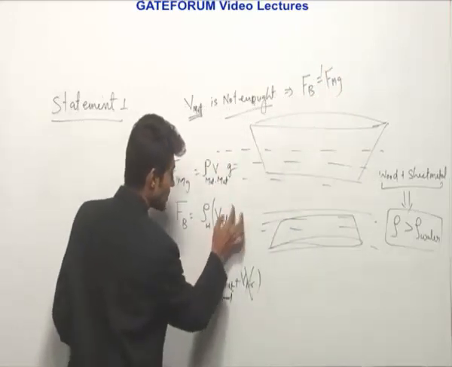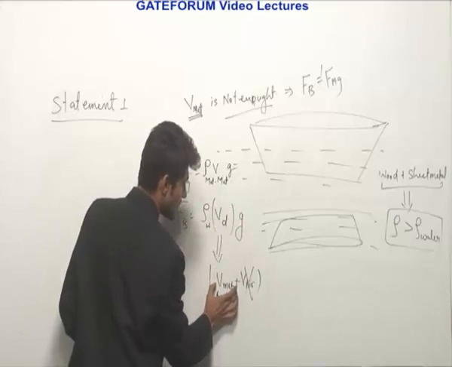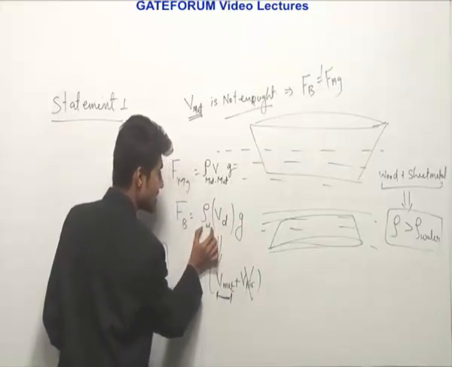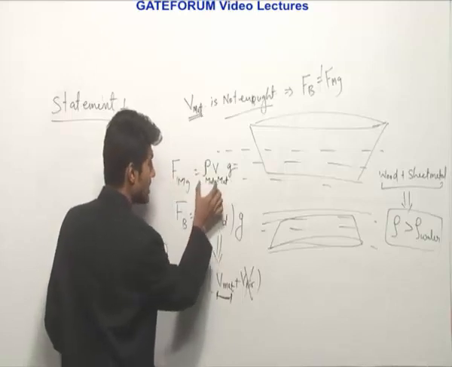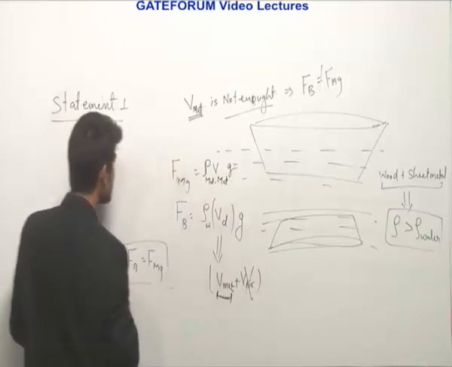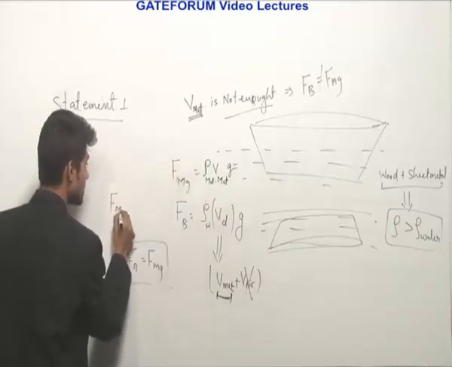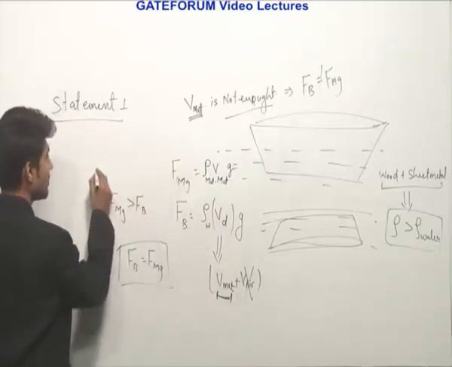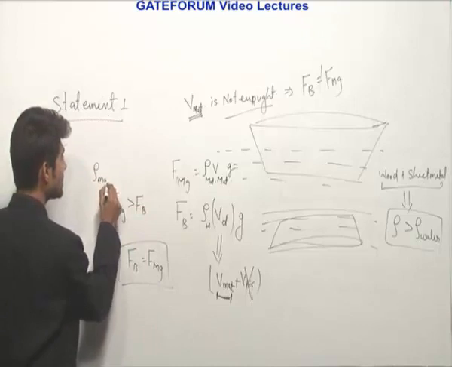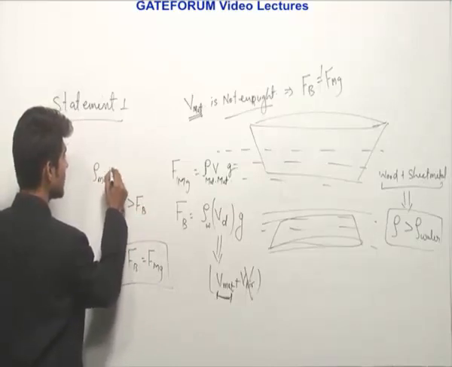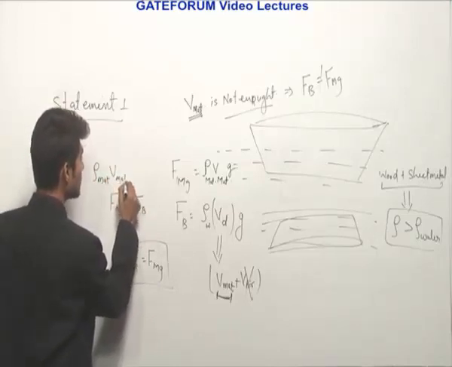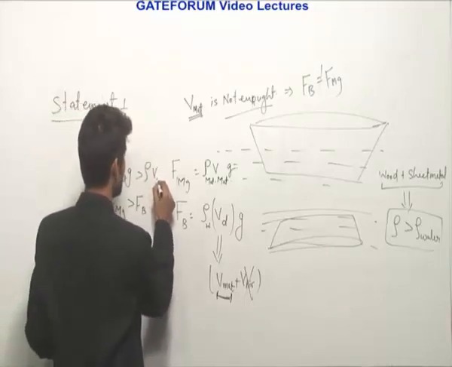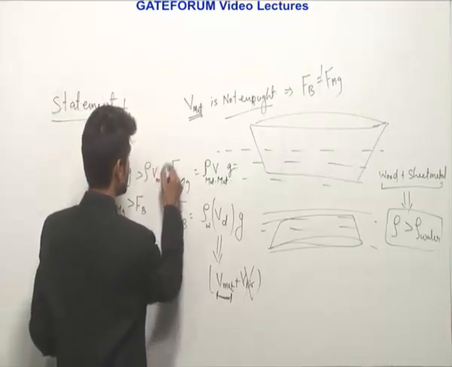And as we know, this volume is not enough because the density here is lower and density here is higher, so mg will be more. Force mg will be more than buoyant force. Why? Because here material density, volume of material and g, and here water density, volume of material and g.